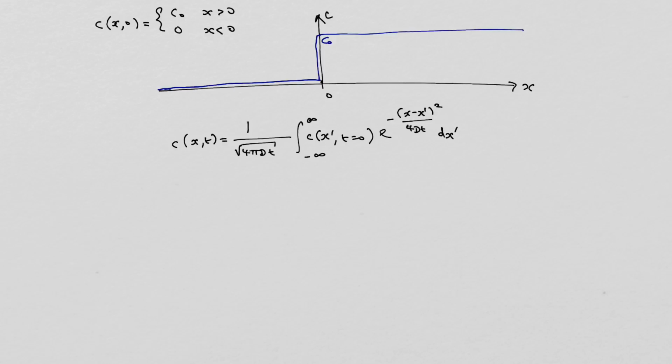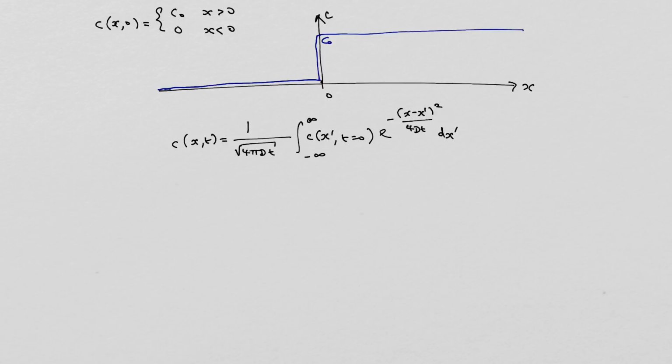Okay, that was what our general solution was, where we remember, yes, we did exactly what someone just suggested. We build up the initial concentration profile as a sum of lots of little Dirac delta function things, and then in the limit, the sum becomes the integral that you have here.